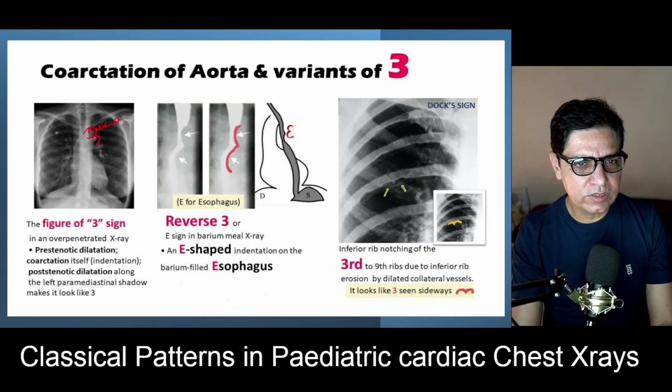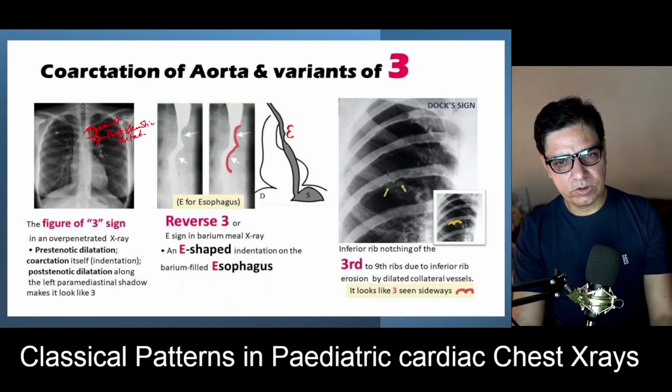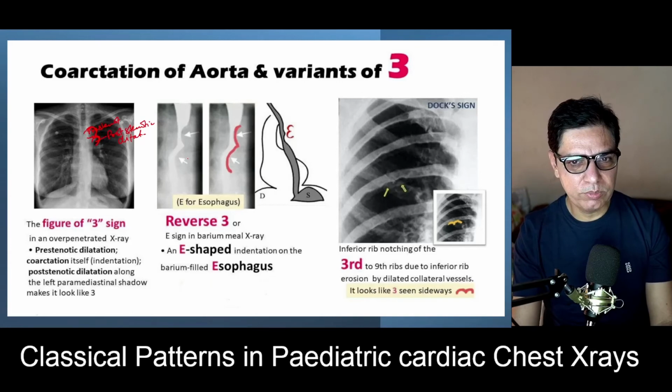Then you've got this constricted area where there is actual coarctation, and then there is a post-stenotic dilatation. So this gives you a figure of 3. You can see a notch, looking like a rough shape of 3. Similarly, if you do a barium swallow and then take an X-ray, you might see a reverse 3 on the barium swallow as well.